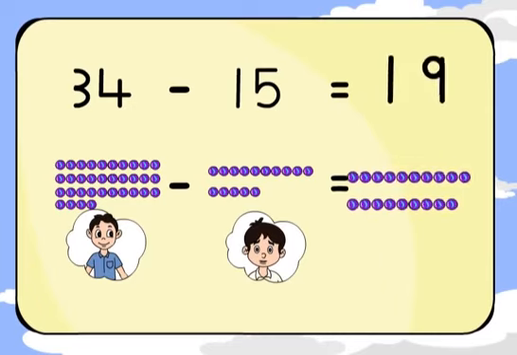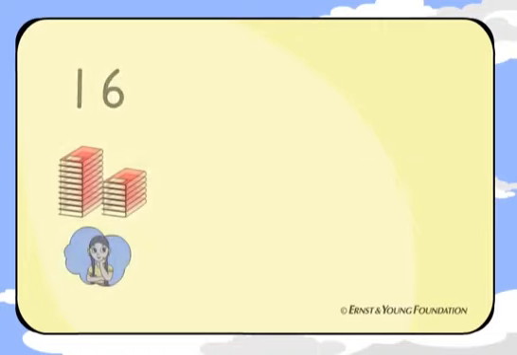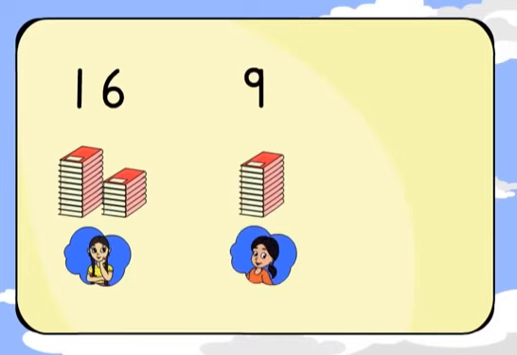Chinu has 19 more marbles. Meenu has 16 books. Sheila has 9 books.